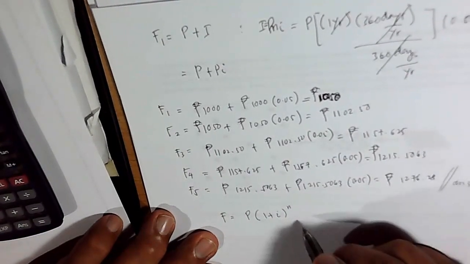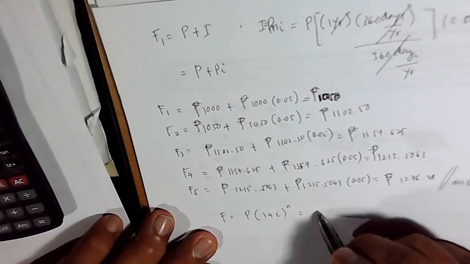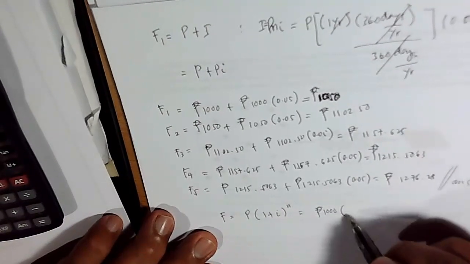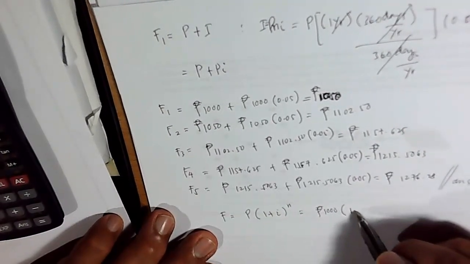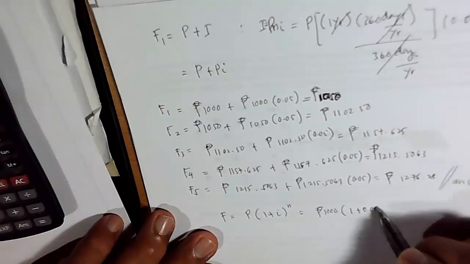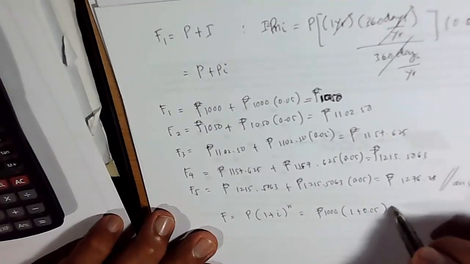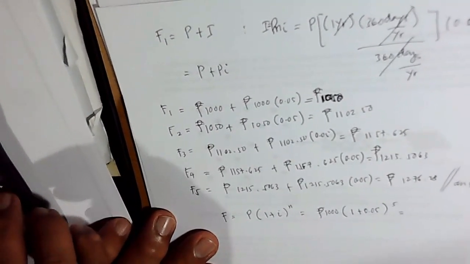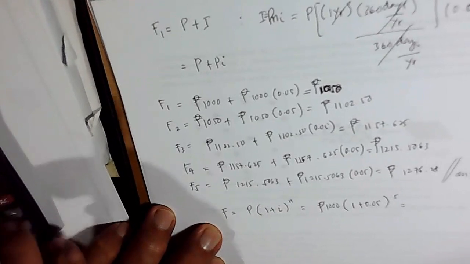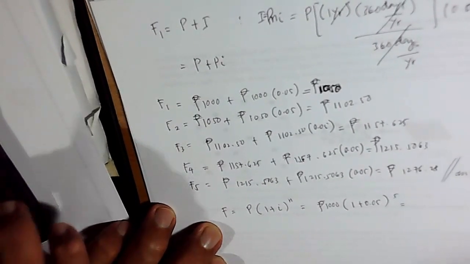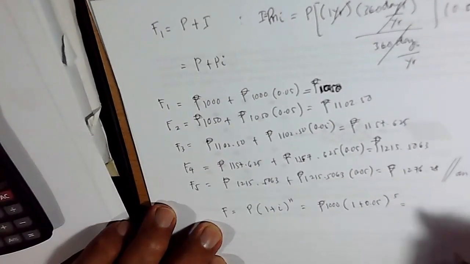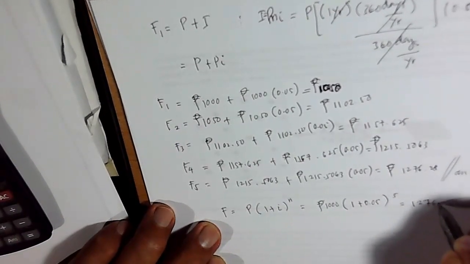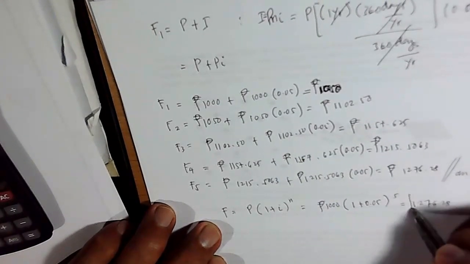So by computing this, we have 1,000 multiplied by quantity 1 plus 0.05, wherein n is equal to 5. Then we have also 1,276.28 pesos.